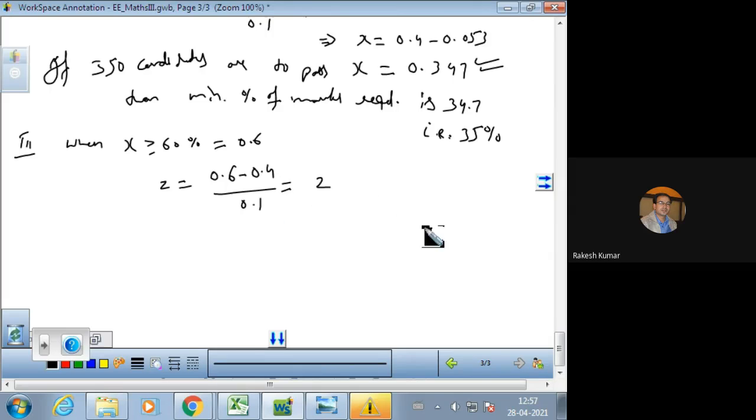So this comes out to be 2. So for the normal curve, this is the normal curve we have.